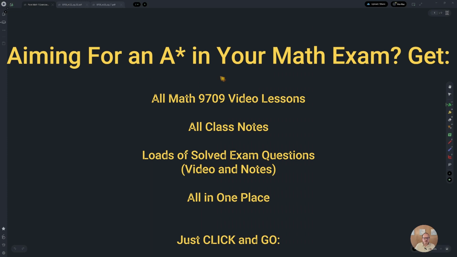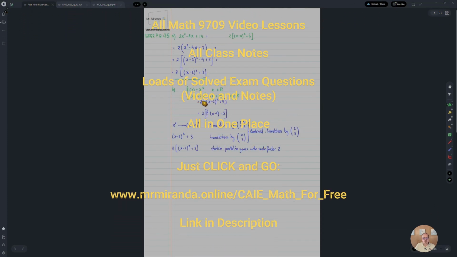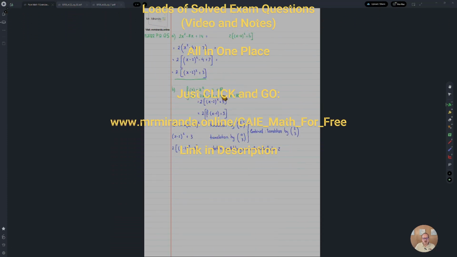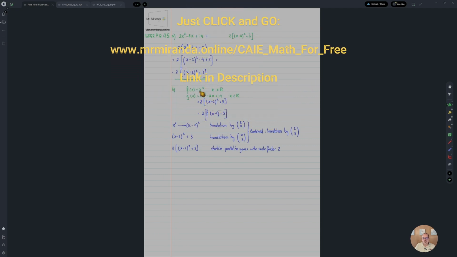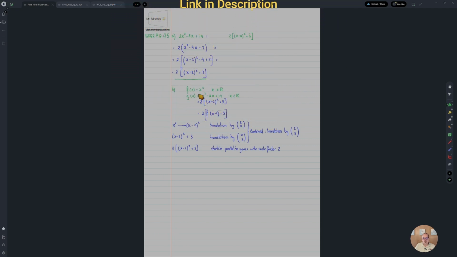Okay, so if you start with x squared, how can you get into that? The first thing that you should do in this type of question is to write the quadratic in its completed square form, which you already did on the previous question.